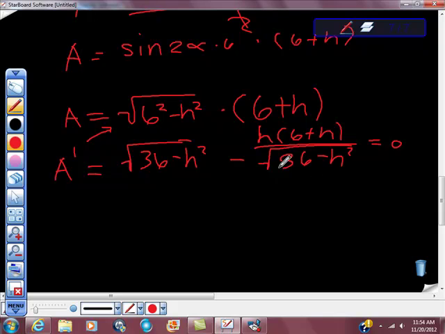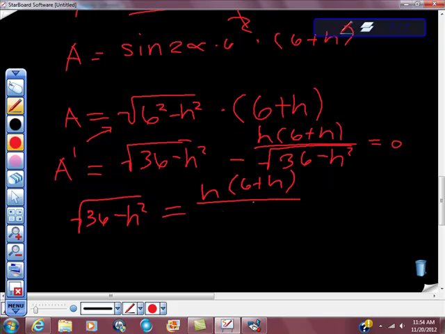So what we're gonna do is multiply both sides by the denominator. Hold on for a sec. First, we're going to add this whole thing, 6 plus h, all over the square root of 36 minus h squared. So all I did was add this whole thing to both sides. So now we're gonna solve for h.